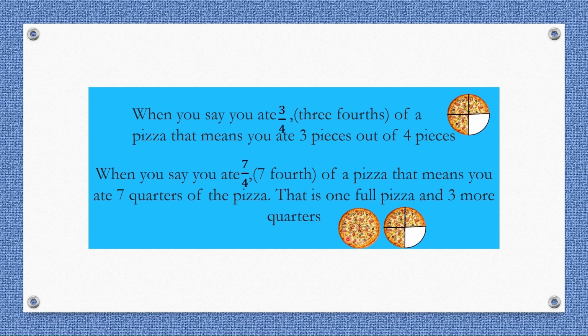Here you ate a full pizza and 3 more parts. This pizza can be divided into 4 parts. See, I have shown the 4 parts over here, and this is 3. So in all 7 parts, you are eating 7/4. That is one full pizza and 3 more.